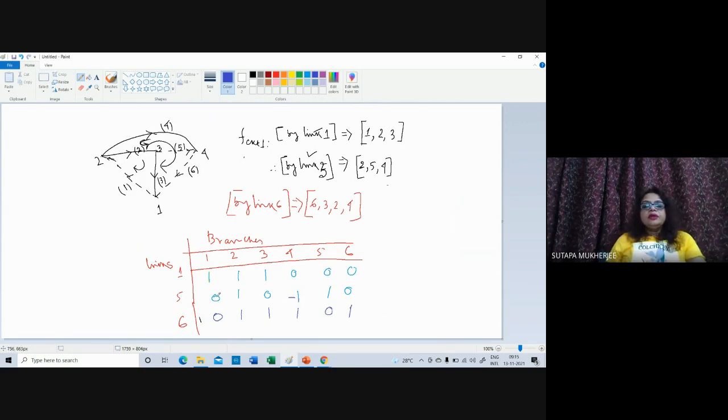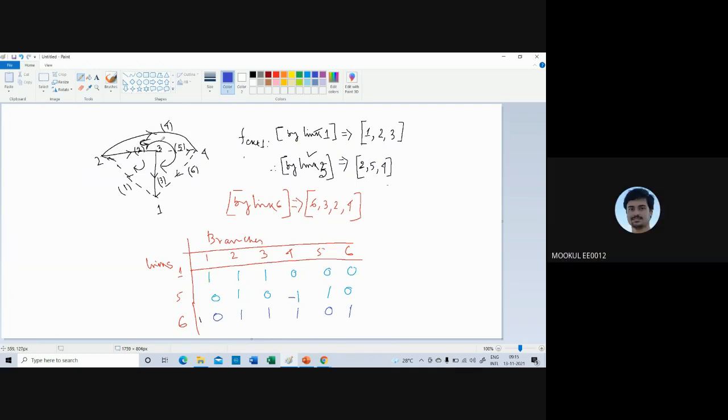Now tell me. For branch 1, come to branch 1. Branch 2, come to branch 2. The direction is this, and direction is this. So it will be +1. Am I correct? Yes, ma'am.